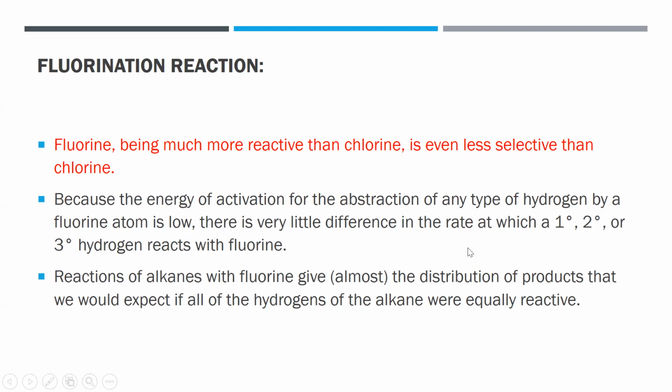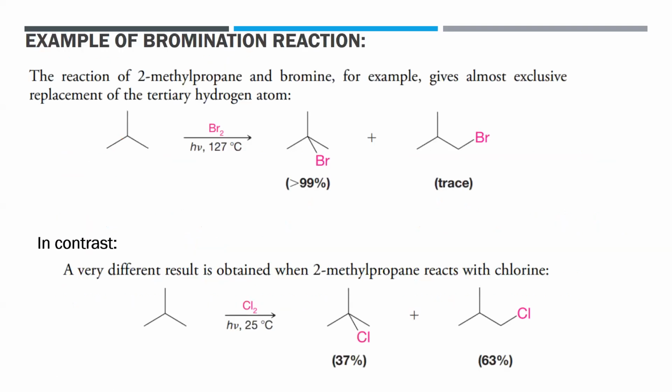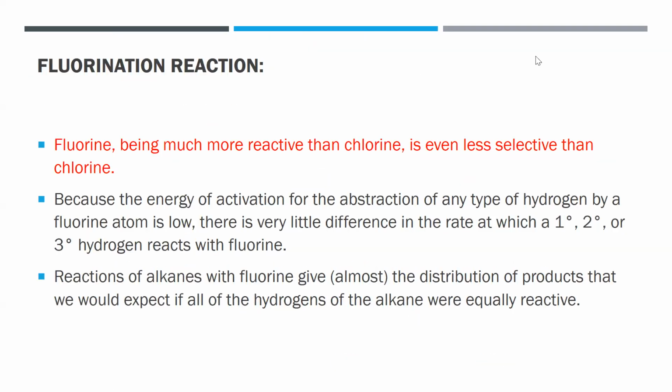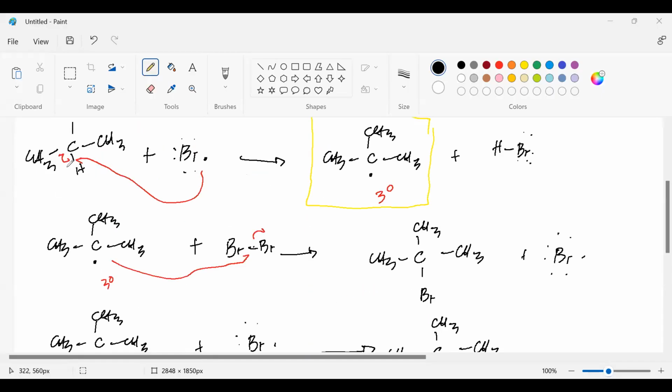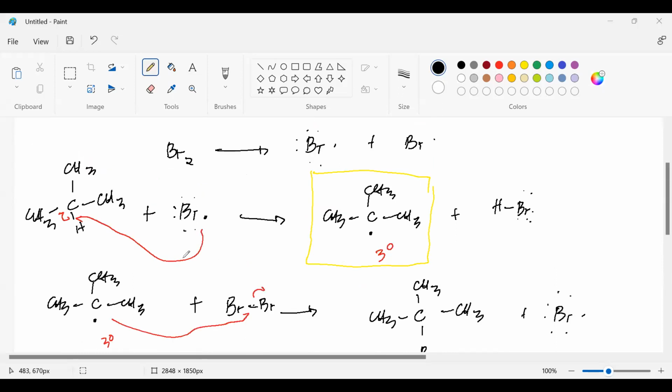So here in the process, when we're trying to abstract our hydrogen, how do we abstract it? When we abstract our hydrogen, there is that energy being required when we dissociate our alkane using a homolytic bond cleavage.